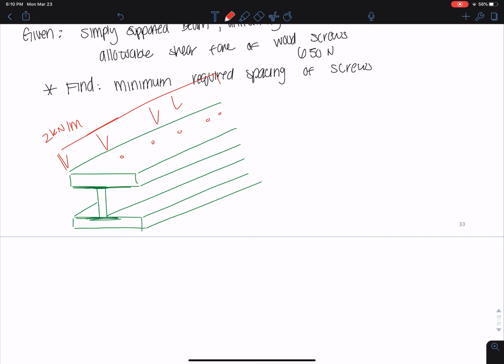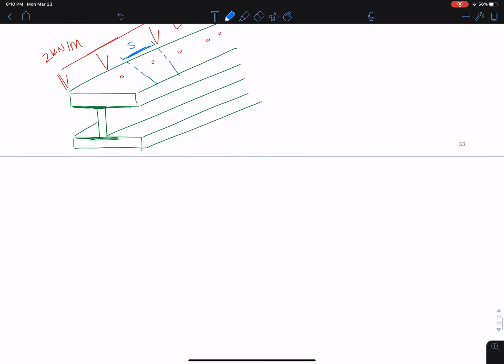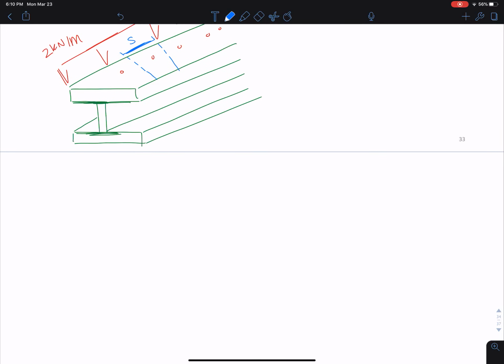And each one of these screws is going to have to carry, let's look at this middle one right here. It's going to have to carry half of the spacing from one side, half of the spacing from the other side, and we call this S. So we're looking for this S. And let me give you some values for this cross section.